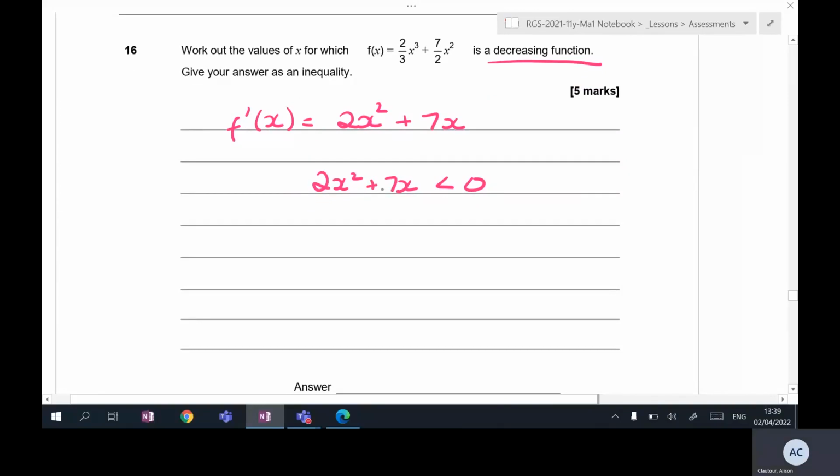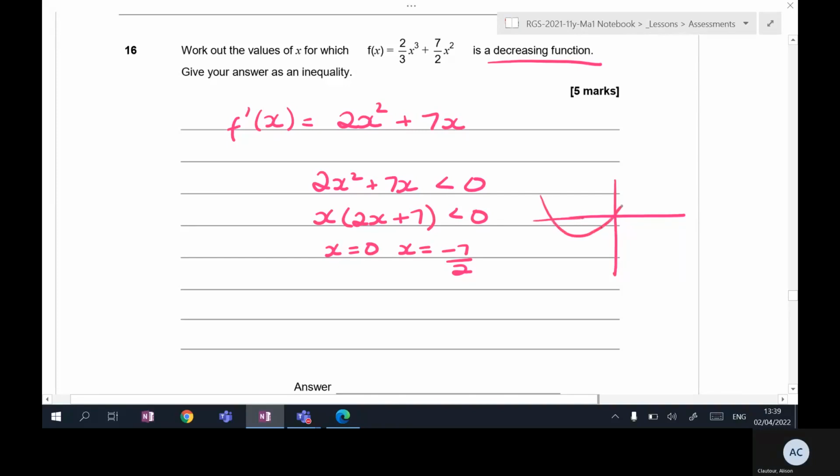Like any quadratic inequality, you should be thinking, I'm going to draw a graph. So if we factorize, my roots are going to be 0 and minus 7/2. And this is always negative underneath the axis.